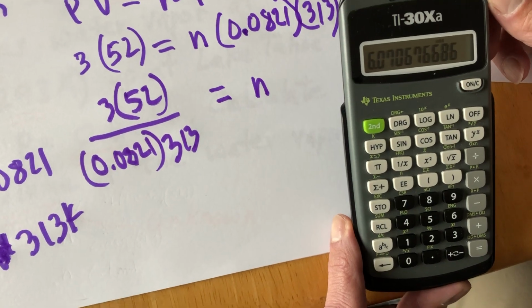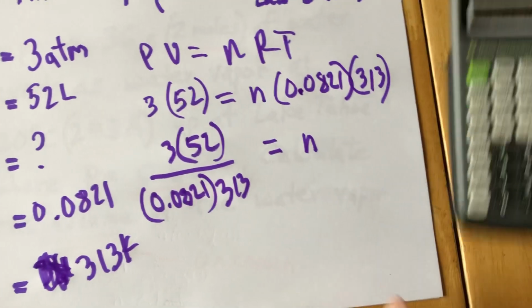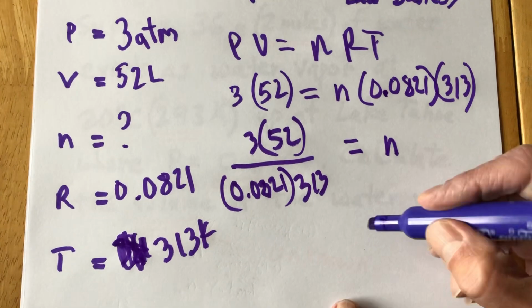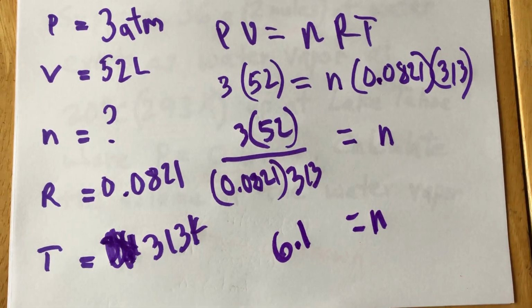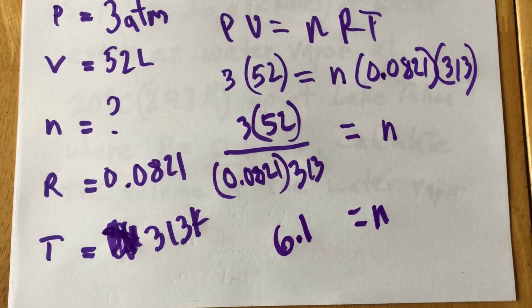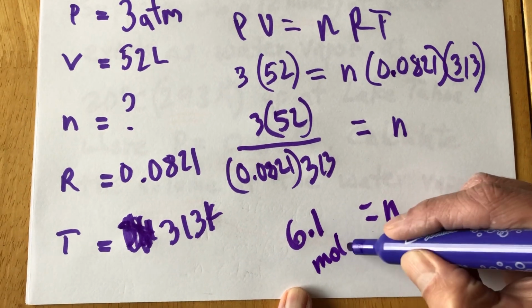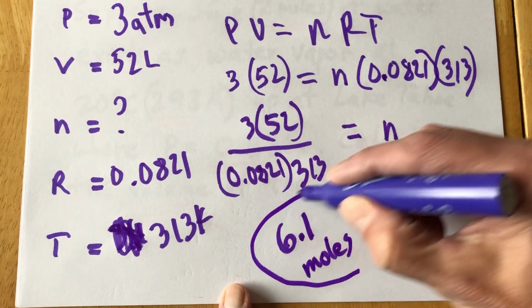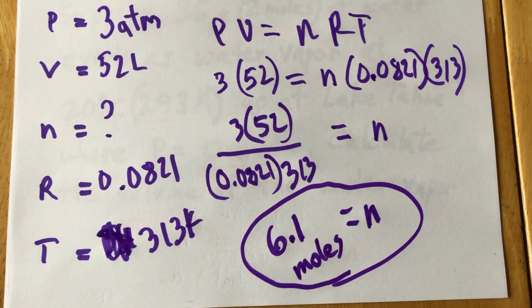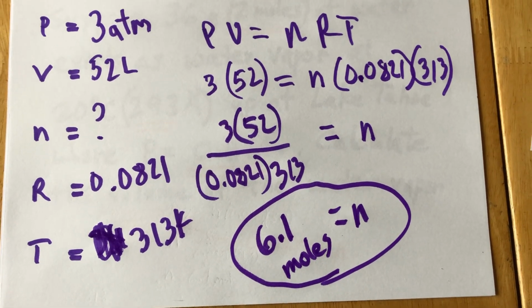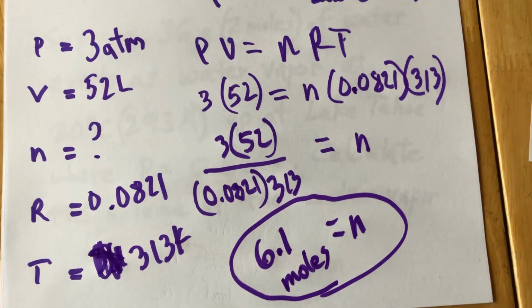I'll round that off to 6.1. So n equals 6.1. And what's n? n is the number of moles. That is the answer to number 3. That's one example, and that would be one that's on your assignment.